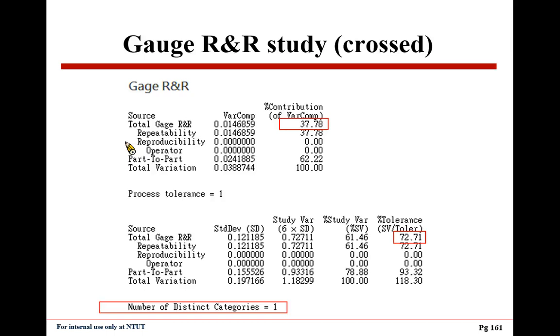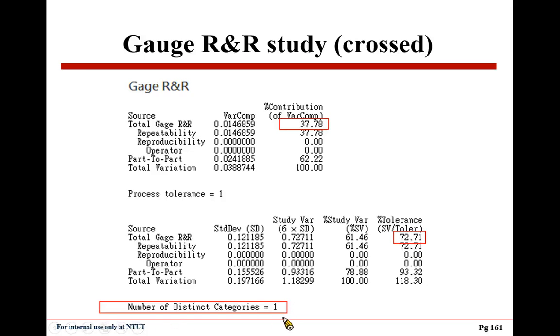So this is the output. From this output, we can find the variation contribution from the MSA, the measurement system. It is larger than 30%, 37%. So this measurement system cannot be acceptable. Also, here it is larger than 30%, unacceptable.